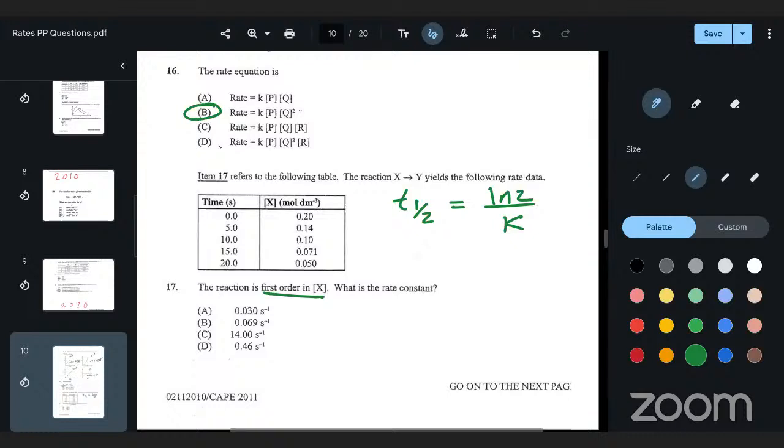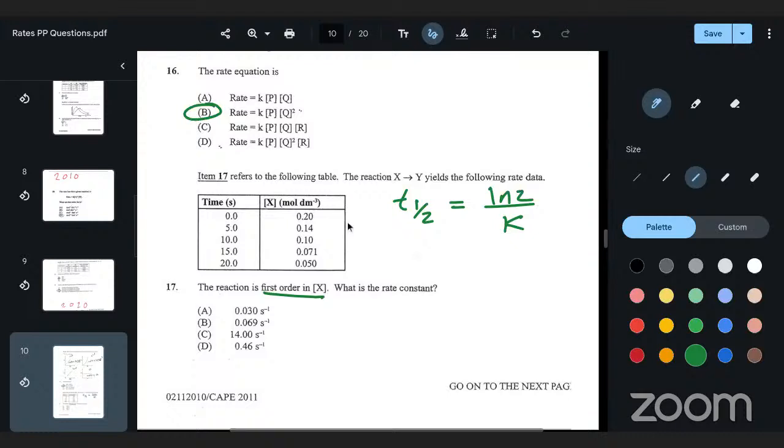All right, let me remind you of something because you probably don't remember. Half-life is the time taken for the concentration of X to drop to half.